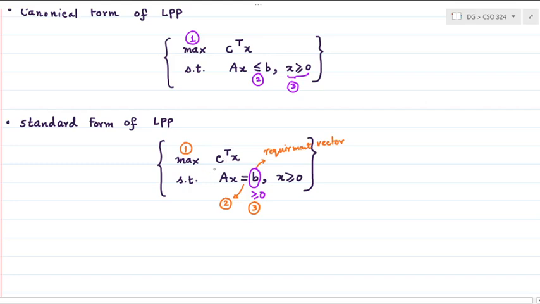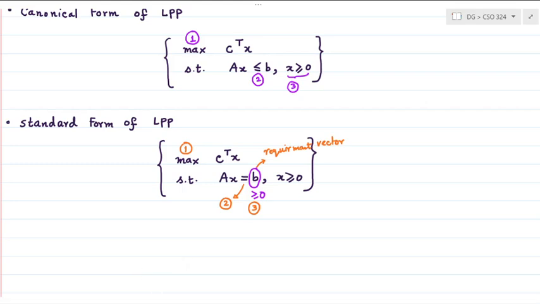So this objective function is usually the profit function, and here Ax equals b is some kind of mathematical representation of the resource allocation. That means you have a certain amount of resources, and those resources should meet some requirement, and those requirement values are placed on the right hand side of the constraint set, and that's why this b vector is called the requirement vector.